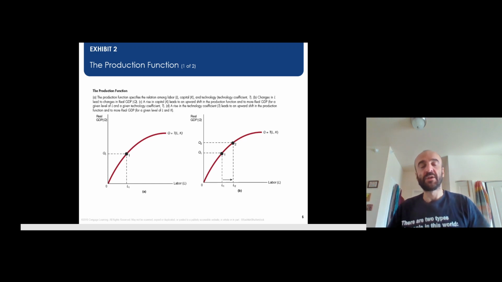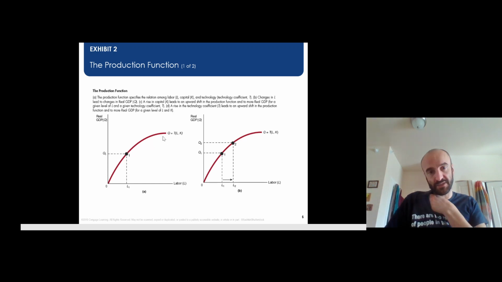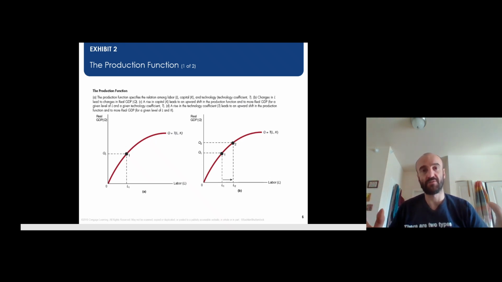Now, whenever you use an analysis that requires cooperation of two or more complementary factors of production, that's a technical term, complementary, which means that they complement each other, that they only work in tandem, they only work together, then the mode of analysis is something called variable proportions.